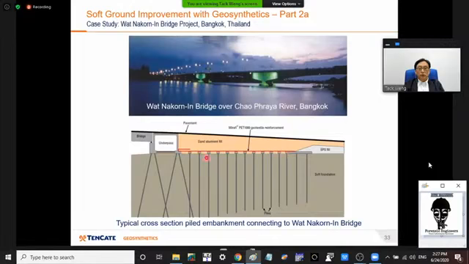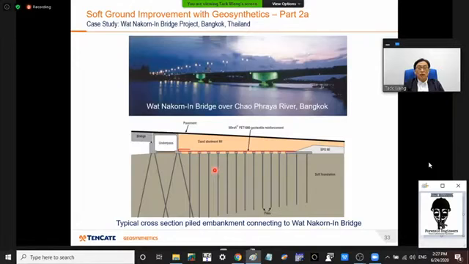And the embankment that is built to meet up with this bridge abutment has utilized the gradual transition pile method, where closer to the ground part, the piles are shorter and wider apart, and as it comes close to the bridge abutment, they are piled deeper and also at sufficiently close spacing.